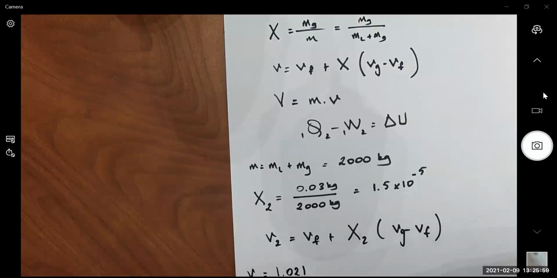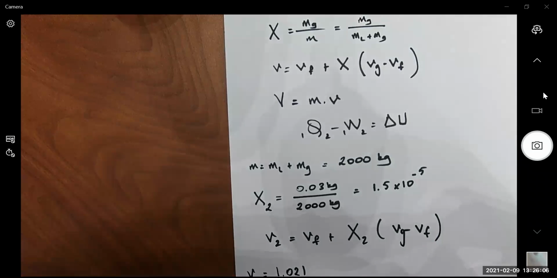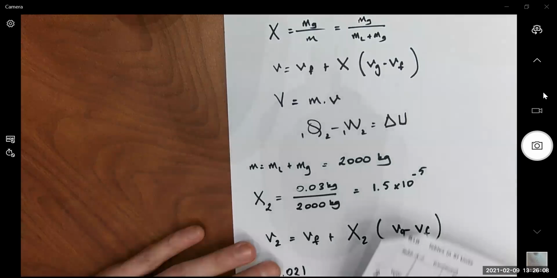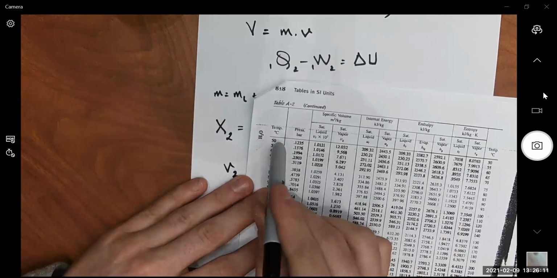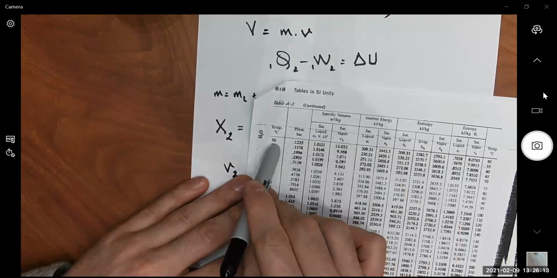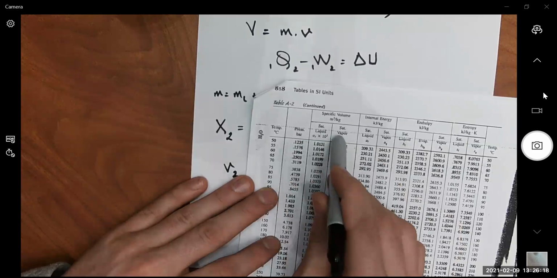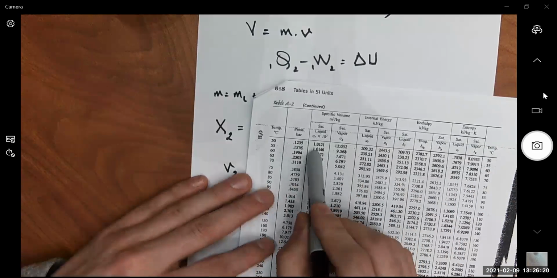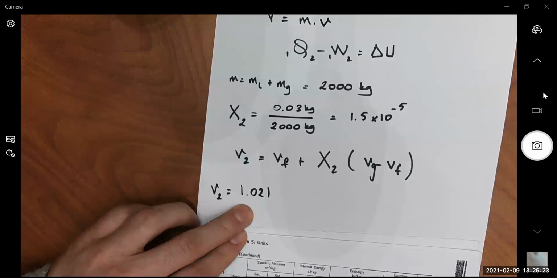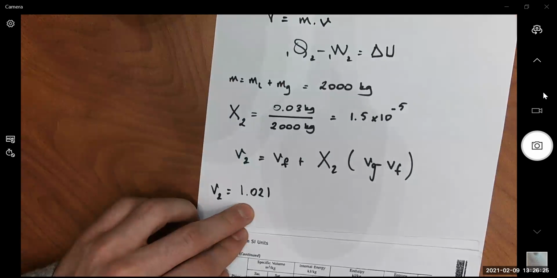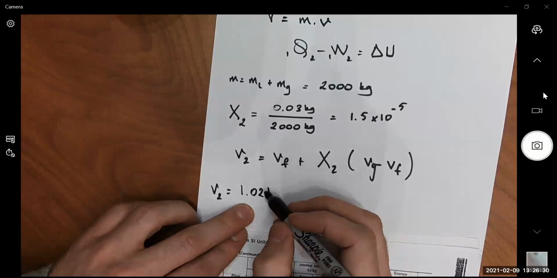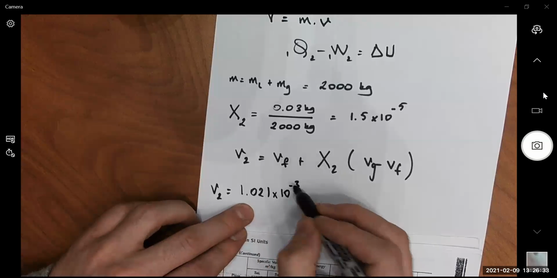If you go to table A2 at 50 Celsius, that's my temperature at the final state, 50 Celsius, saturated liquid, saturated vapor, 1.01 times 10 to the minus 3, right?